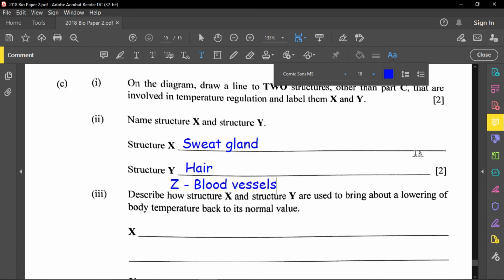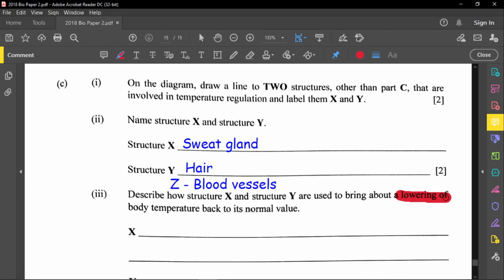They said, describe how structure X and Y are used to bring a lower body temperature back to its normal level or value. So looking here, how does it help in lowering body temperature? That's the important part, and that's what it's actually asking us. Let me take this off.